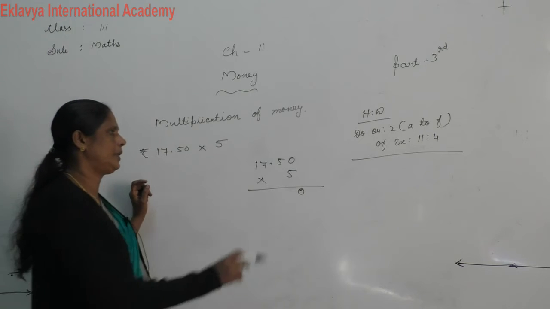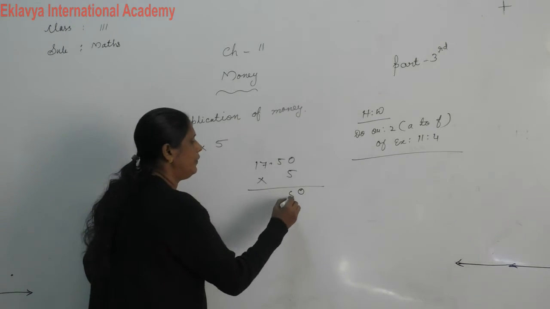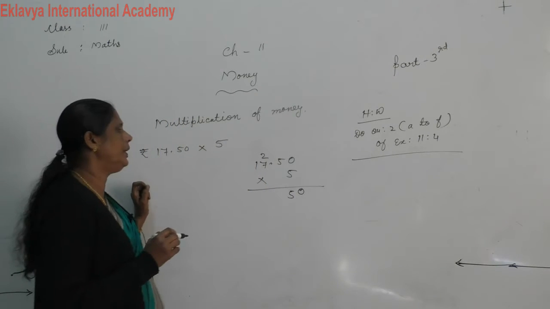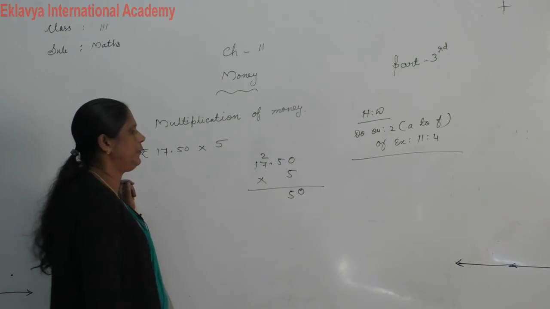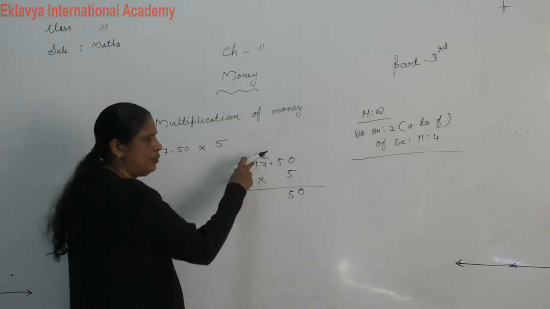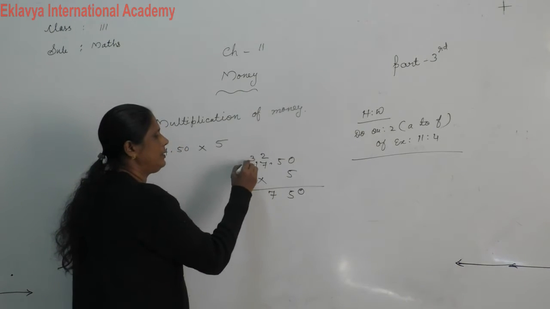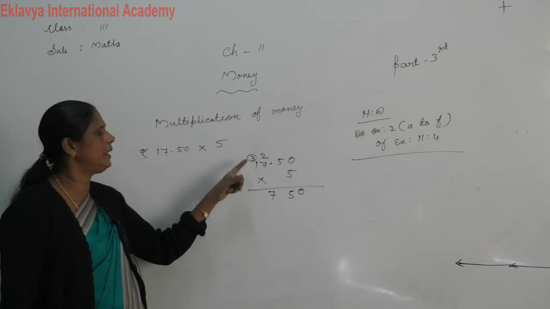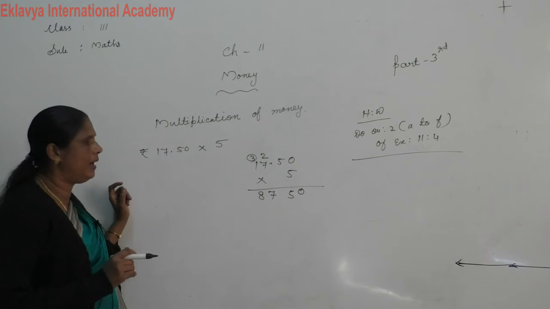Then 5 times 5 is 25, write 5, carrying 2. Then 5 times 7 is 35, 35 plus 2 is 37, write 7, carrying 3. Then 5 times 1 is 5, 5 plus 3 is 8. This is our answer.